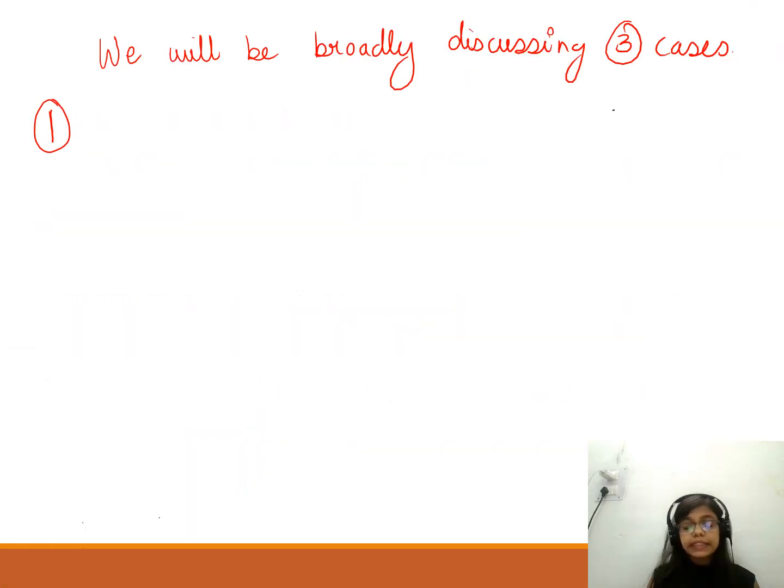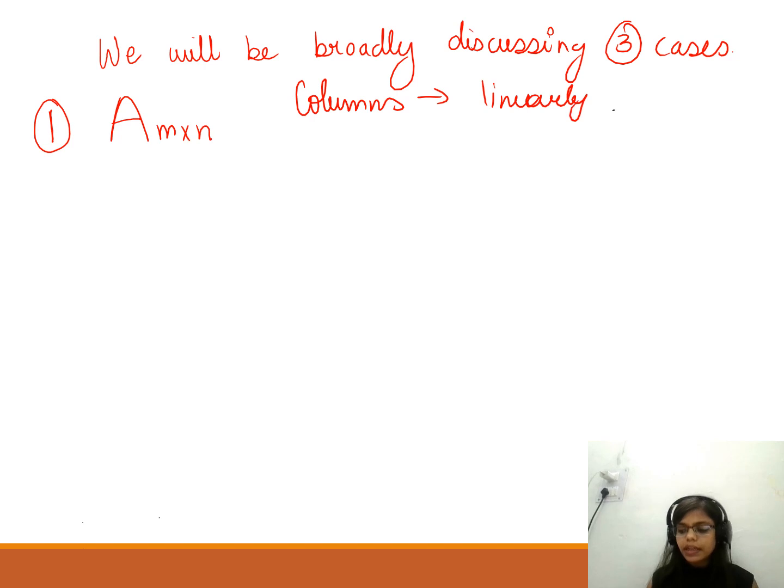Broadly, we'll be discussing three cases of rectangular matrices. First one is when A is an m cross n matrix and columns of A are linearly independent, and the rank of matrix A is equal to n, that is, the number of columns.